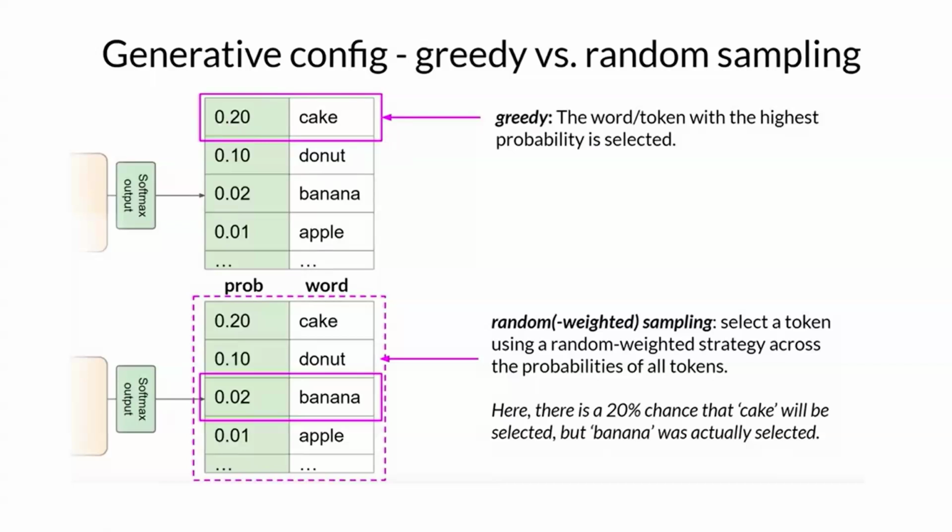So these are the probabilities, and if we are using greedy, then it will select the one with the highest probability. If we are using random, then it could select anything. 2% of the time it will select banana, 20% chances are there that cake will be selected. Probability is still there, but as per the probability, the words will be selected.